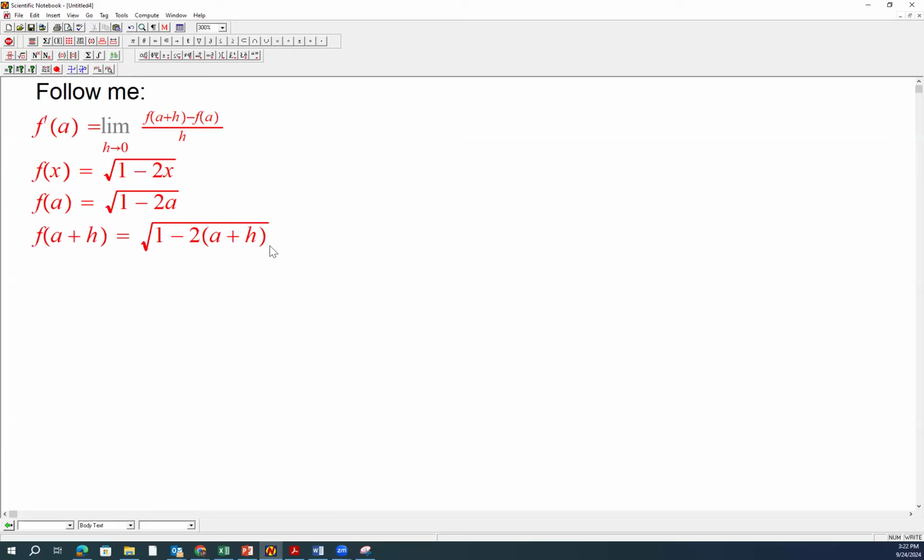We need that parentheses. If you want to, expand it or write it in another way, minus 2a minus 2h, you can write it this way, no problem. You can use either one because they are equal.